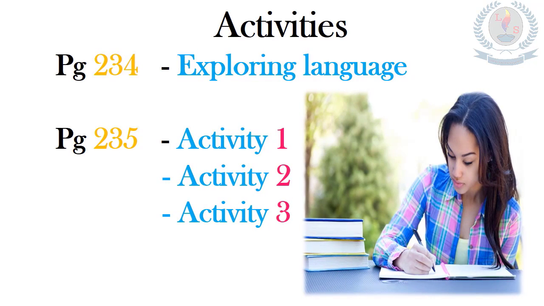Finally, we have moved to the activities. Here you have to do 4 activities. Let's move to the first one. The mentioned page number is 234. Turn the page in your book. You can see there's a grid with 3 columns.